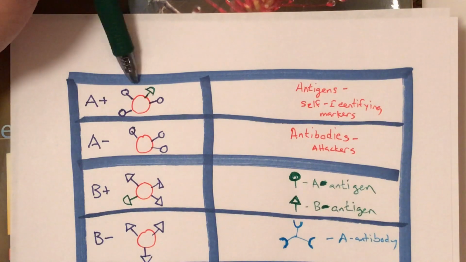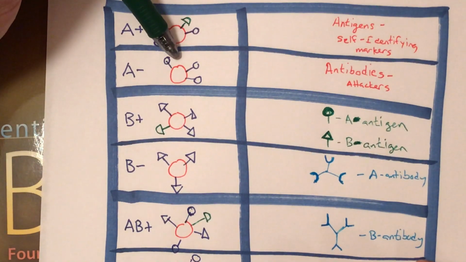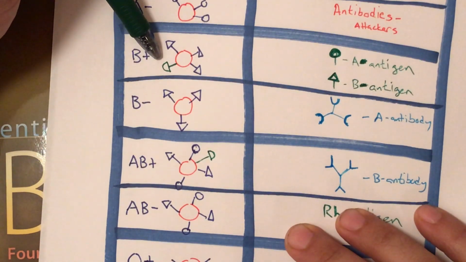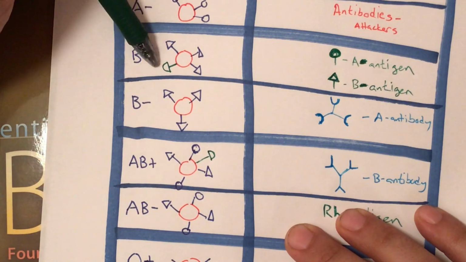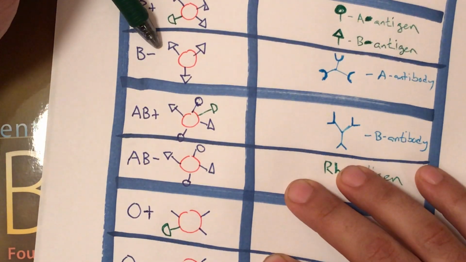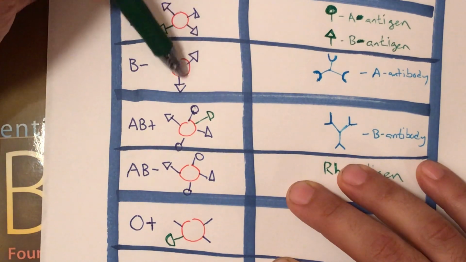A person with A negative blood, how many different types of antigens? Answer, one. Just one kind, which is the A. How many different types of antigens does a person with B positive have? Answer, two. Two different kinds. Here, B negative, one. Just one kind, which is the B.